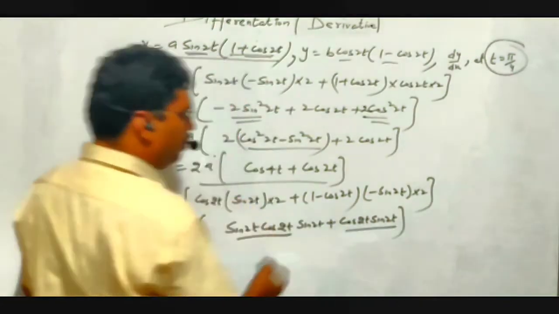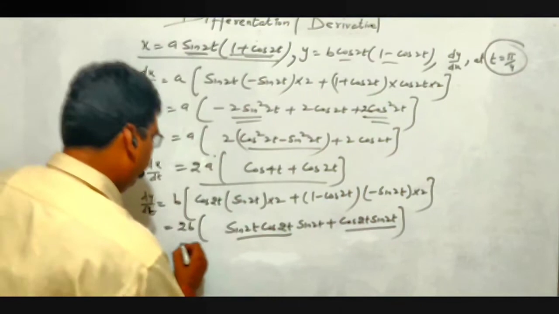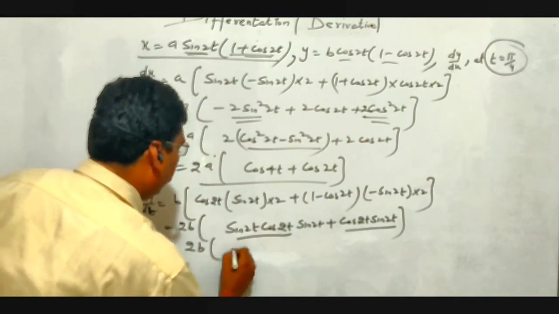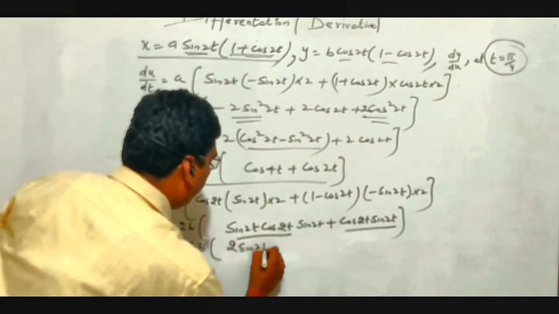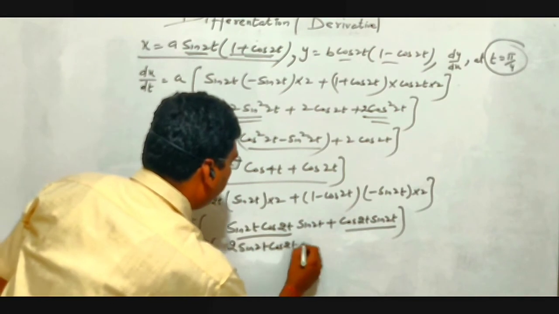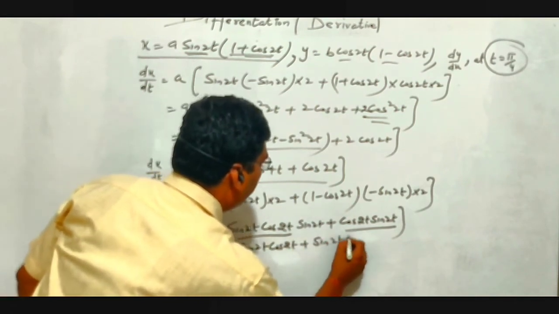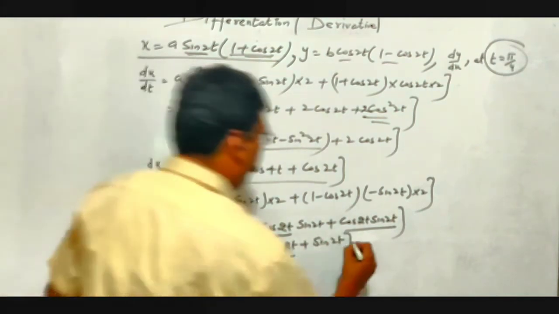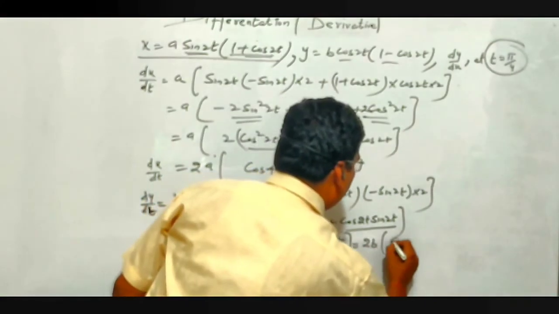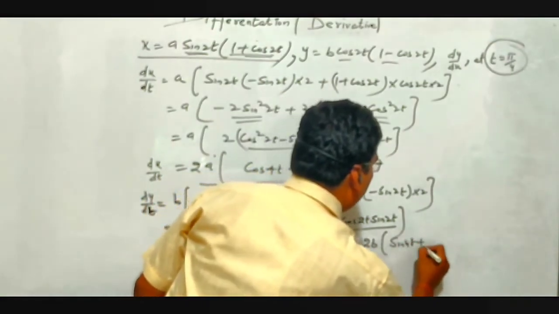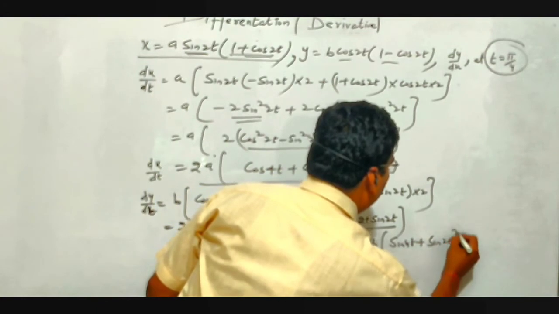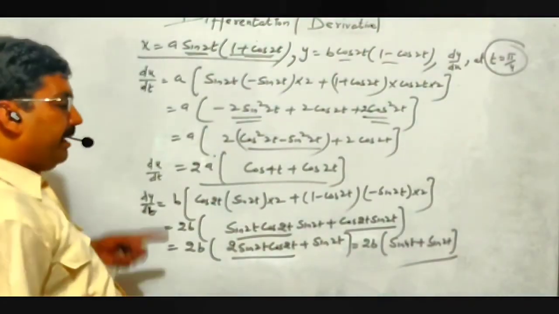That is equal to 2 sin 2t cos 2t. It means 2b times 2 sin 2t cos 2t plus sin 2t. That becomes 2b into sin 4t plus sin 2t. That is the value of dy by dt.